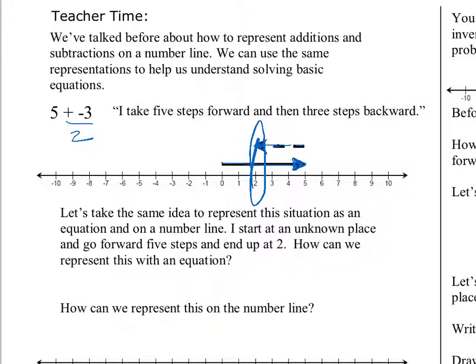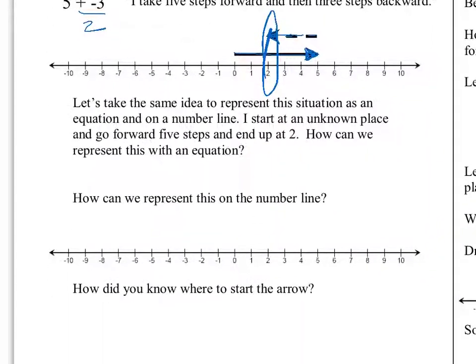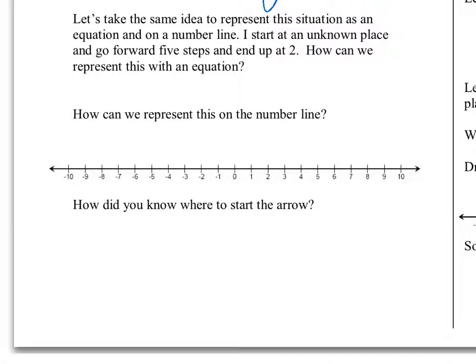We're going to use this same idea to help represent an equation that has additions in it. So we have this situation where I started at an unknown place. I'm not going to tell you where that place is, but I'm going to tell you that in order to get to that place, I moved 5 steps forward. And I'm going to end up at 2. So first question is, how can I represent this as an equation?